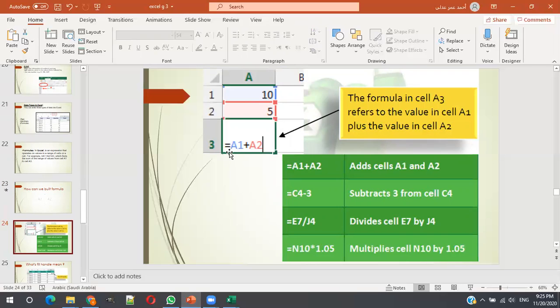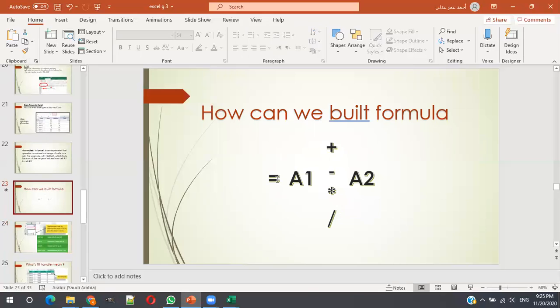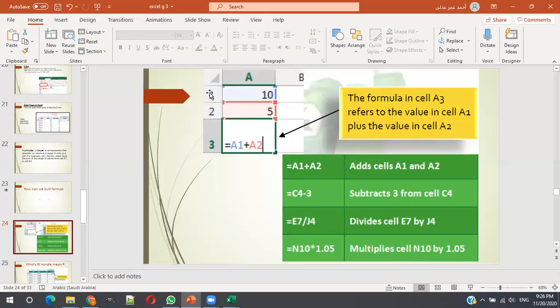Without equal, we don't build any formula and you will not get any result. So you have to put the equal sign at the start of the formula. Then after equal, we put the first cell. The first cell here is A1 plus A2, and press enter. You will see the result.